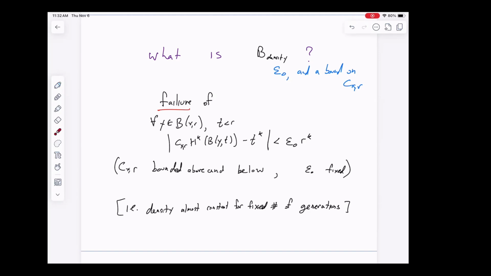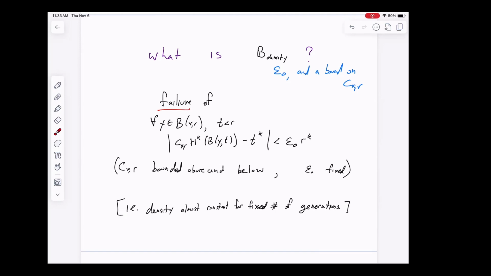What this is saying is that there's no way to normalize your density so that it equals t^k up to that normalization and up to this additive error. In other words, in the next, say, log epsilon scales or something like that, something with k, you're going to fail to have constant density, up to this additive error epsilon.